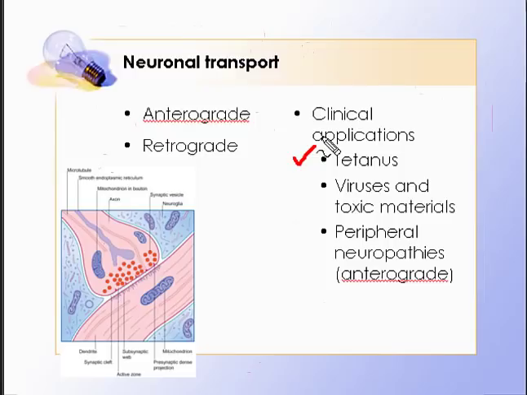Now that liberates a toxin. So when one injures themselves, and let's say the tetanus toxin finds its way through the skin, the toxin binds to the plasma membrane of nerve endings and is taken up by endocytosis, and it travels from the skin area in a retrograde fashion towards the spinal cord.